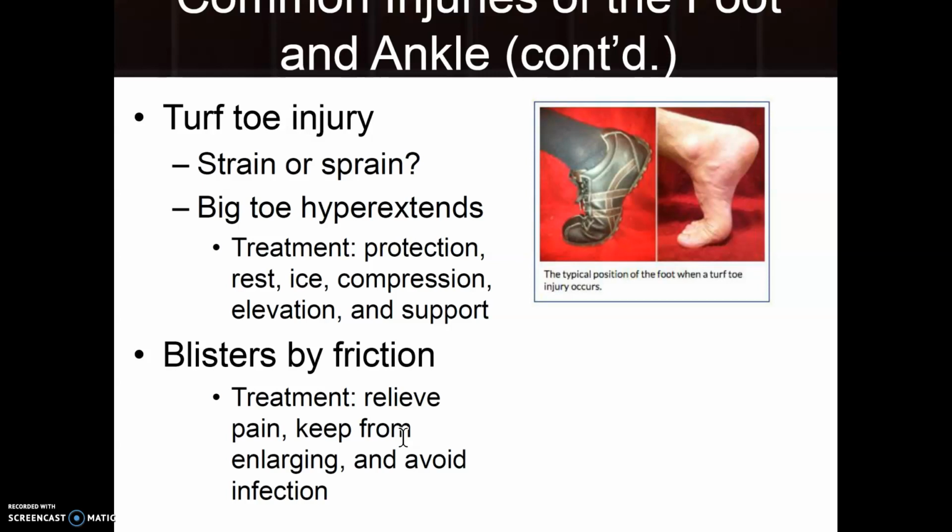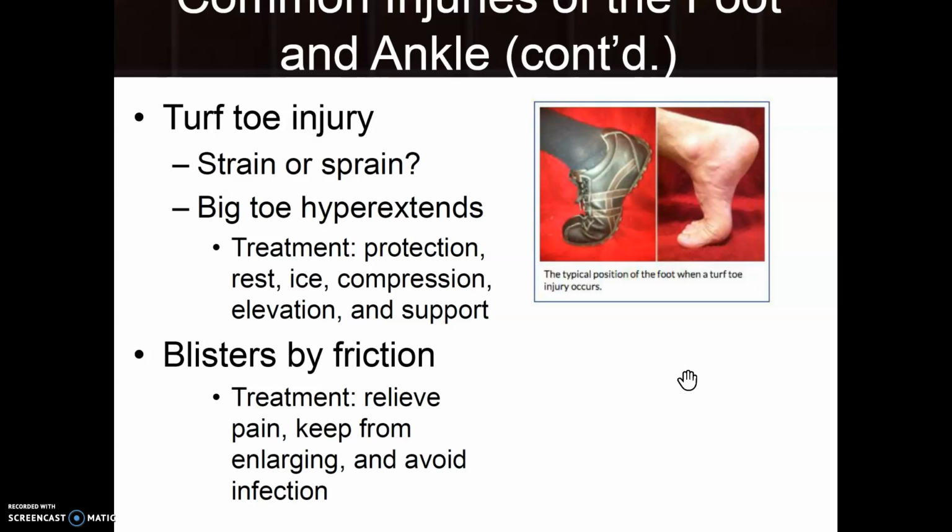So you can see here that in this toe flexed position at toe off, just trying to get an explosive push off puts enough stress in between these two bones of the toe to tear the ligaments. So in that case, it would most likely be a sprain. Treatment, obviously for sprains, toe hyperextension, PRICE: protection, rest, ice, compression, elevation.